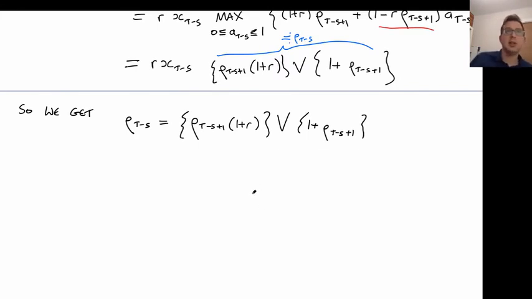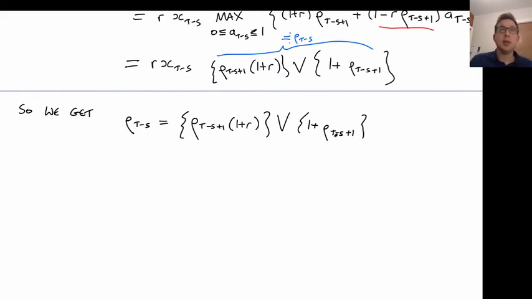Now it doesn't seem like we've got very far. We've gone from one recursion to another, where we've got rid of most of the maximization. But we're actually in a situation where there's something we can interpret as an answer. The first thing to note is that this 1 plus r term corresponds to saving till the next round and then compounding the interest.